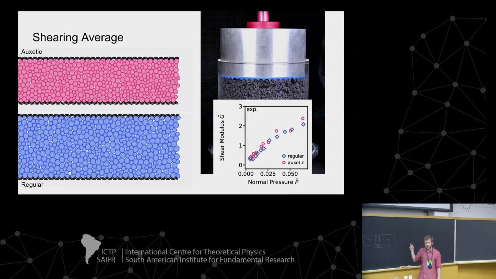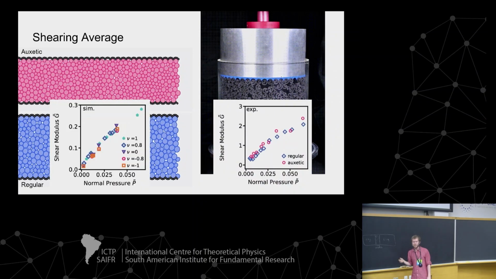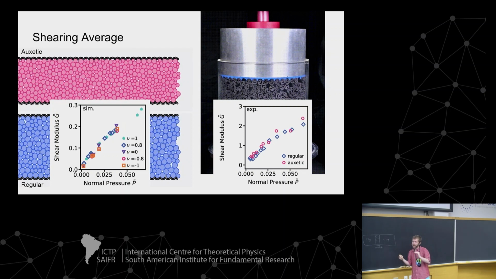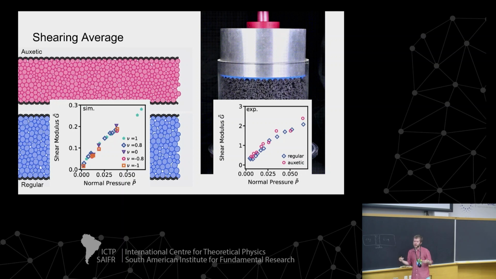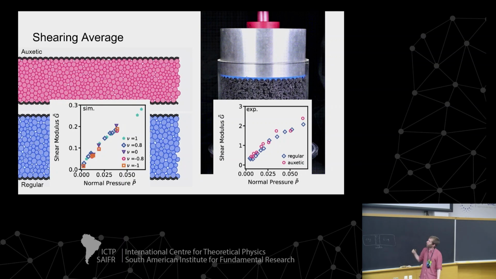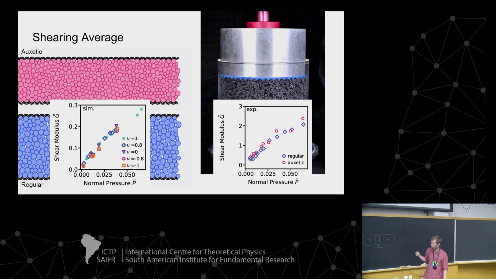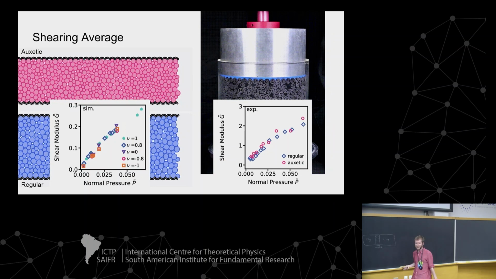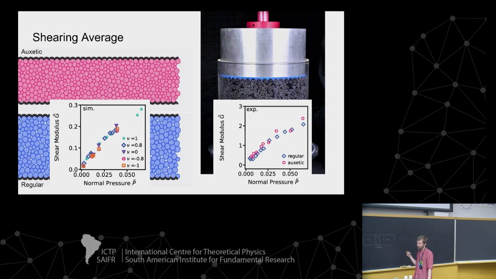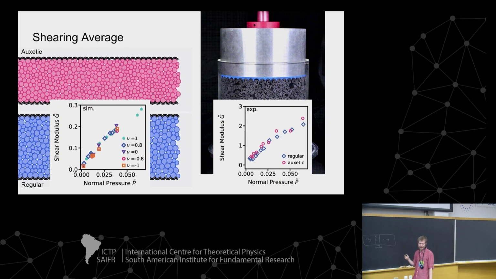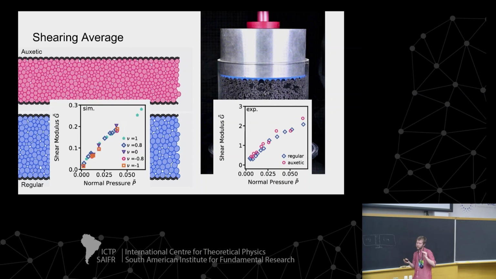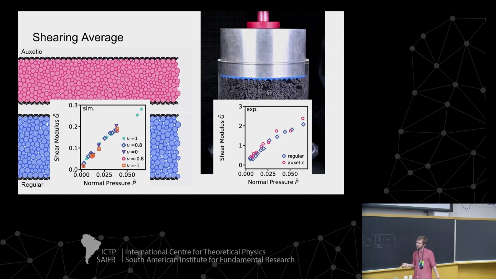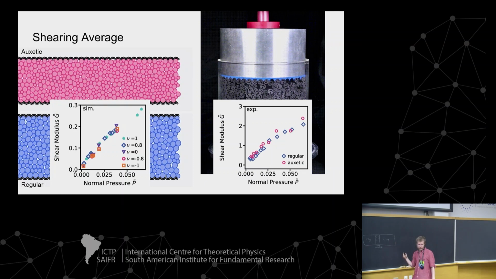And we see that the shearing modulus in both cases doesn't change even though you change the auxeticity of the system. So for auxetic particles or for regular particles, you get about the same results for the shearing modulus in these systems.